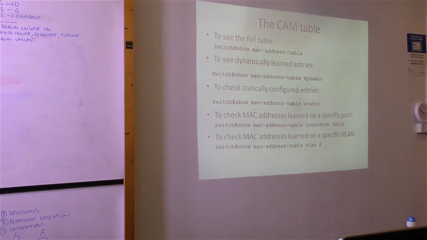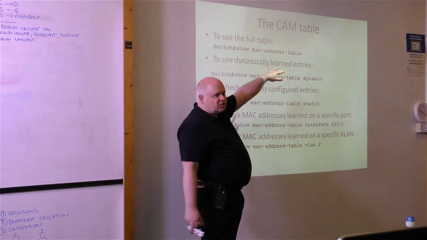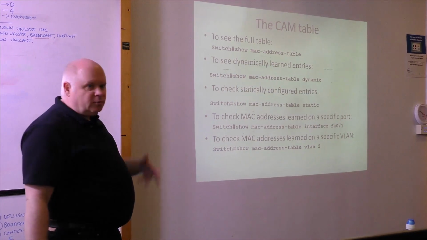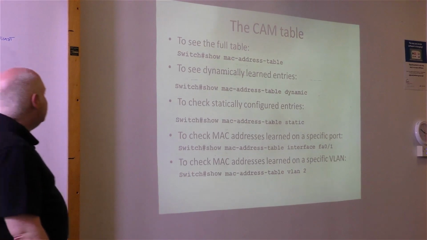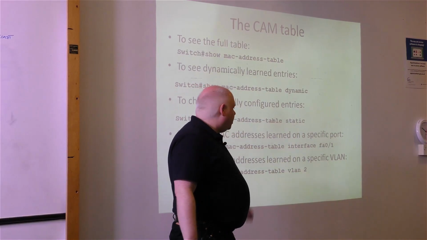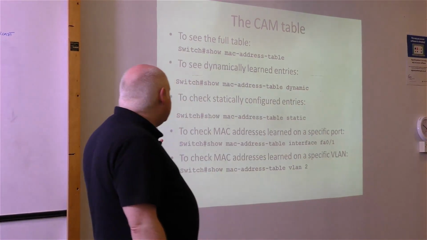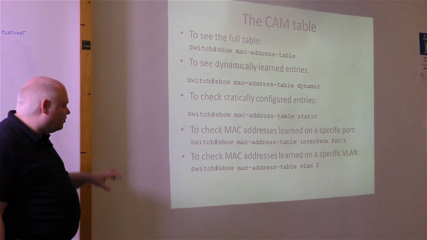On the switches, you can see this MAC address table easily enough by saying show mac address table. You can also limit what you see to dynamic entries learned as machines discover each other and the switch listens to it. We can see statically entered entries. If you have a very security conscious network, you might want to hard code MAC addresses, or specific ones.